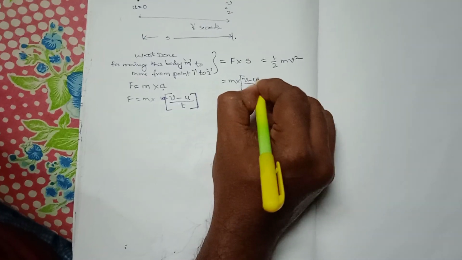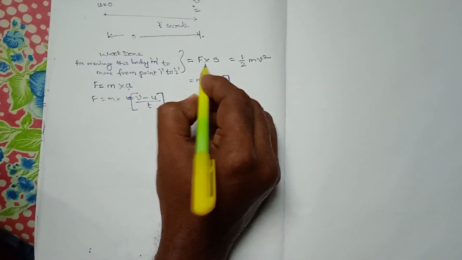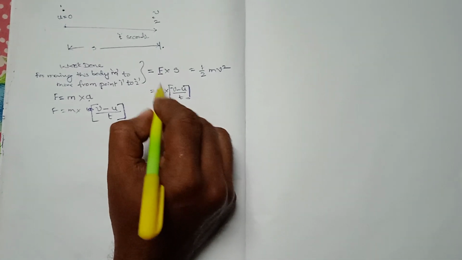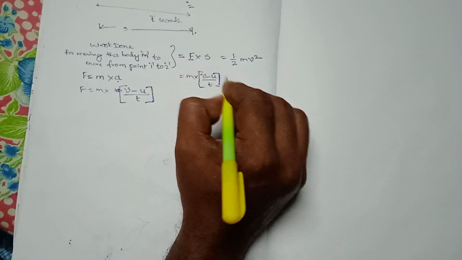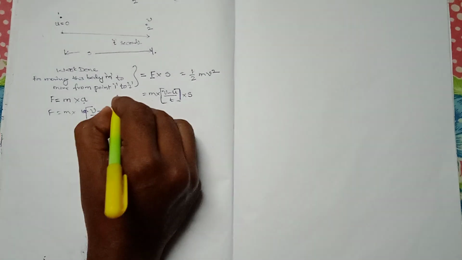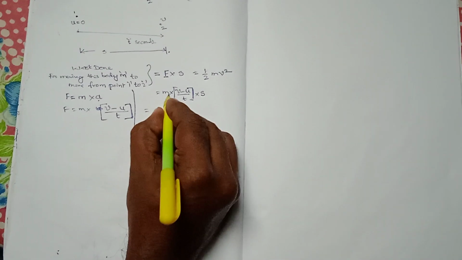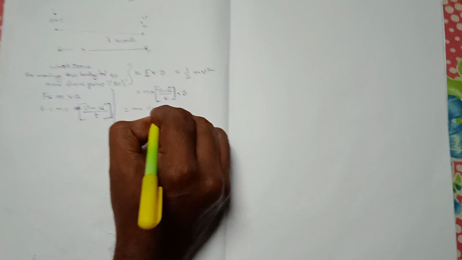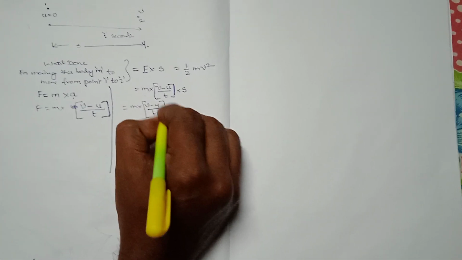I am placing f in place of force, and the distance I am keeping as it is. So this is equal to mass into (final velocity minus initial velocity) by t, into distance s.